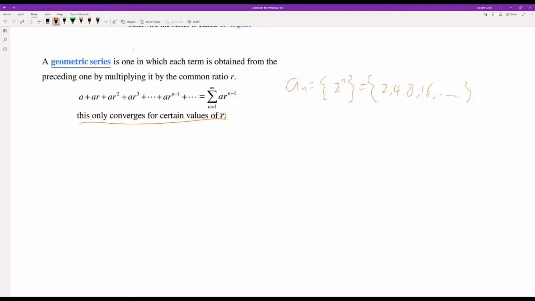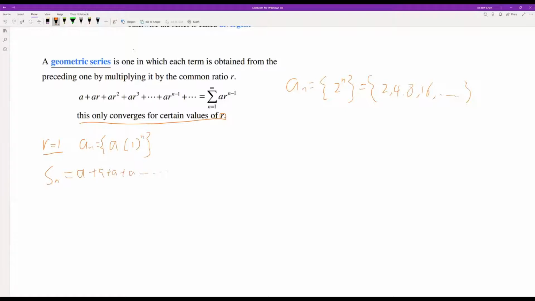Now let's take a look at some examples. All right, for r equal to 1, our sequence will look like this: a times 1 to the nth power, right? So when you add up the first n terms, you get a, that's the first one, plus a, plus a, plus a, and so on, right?